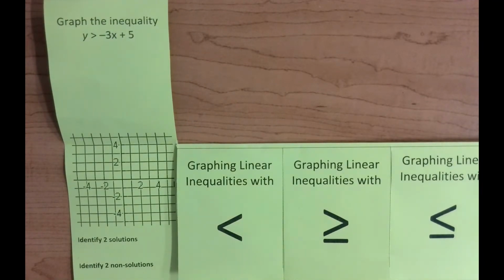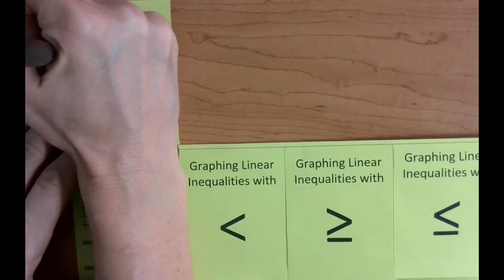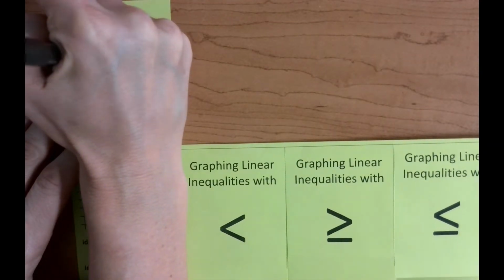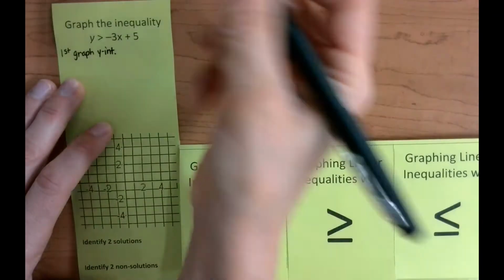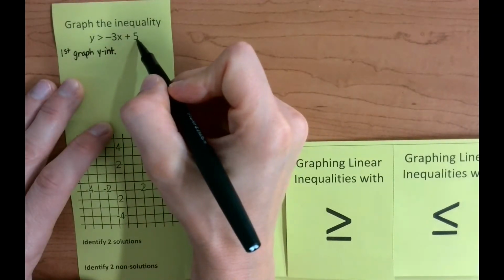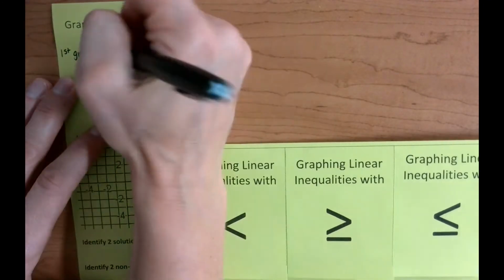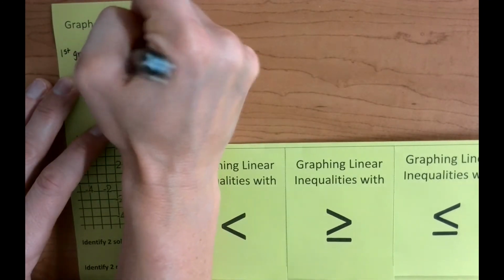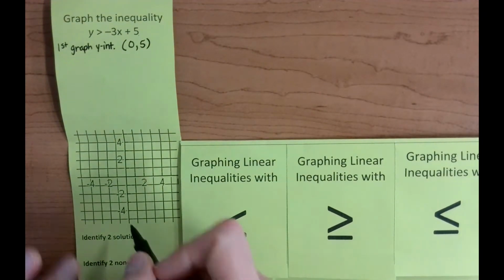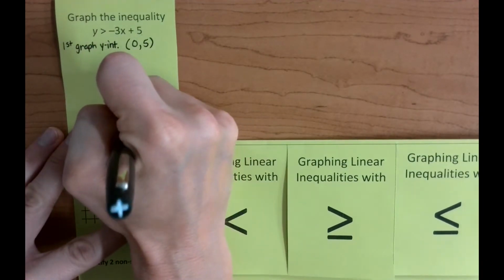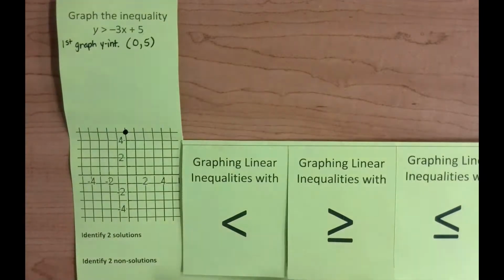We want to start with our y-intercept. So first graph the y-intercept. The y-intercept is your constant value, that's 5. We write that as an ordered pair, 0, 5. Going to the graph, this would be 0, 5 right here. So always start with that.